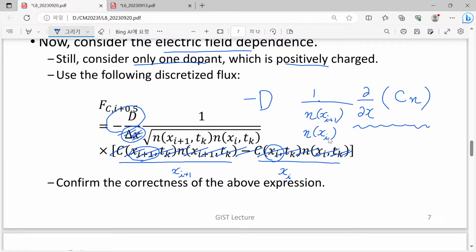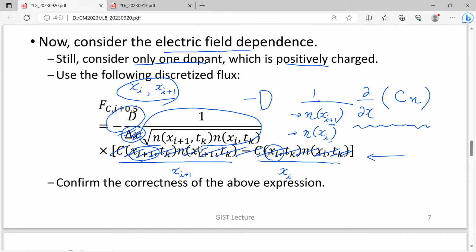However, since this form is the flux between x sub i and x sub i plus 1, selecting one of them seems a little bit unfair. We should not have a certain preference for the positive index or the zero index. So instead, we will adopt a balanced way, taking the square root of the product of the two n values.